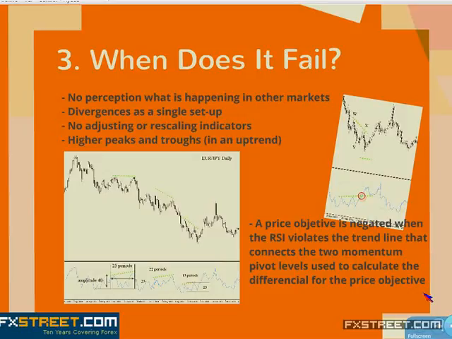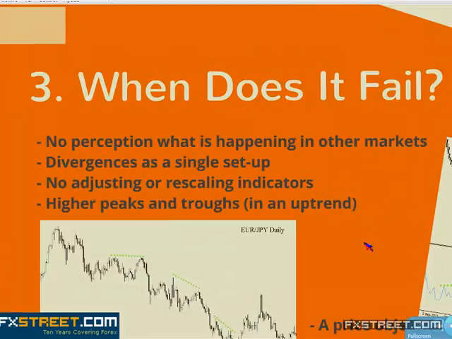Generally speaking, when there is no perception of what is happening in other markets, this can obviously lead, as in any trading method, to failure. So a perception of what is happening in other pairs, what is happening in other asset classes, is always a plus.